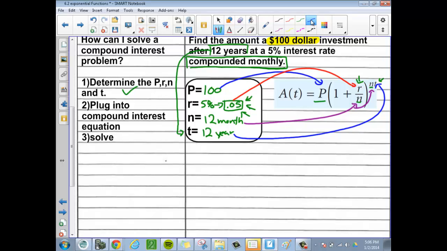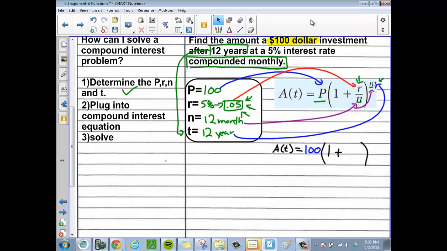Okay? So if we were to rewrite this, what I would have is A of T is equal to 100 times 1 plus, now, what was our R again?